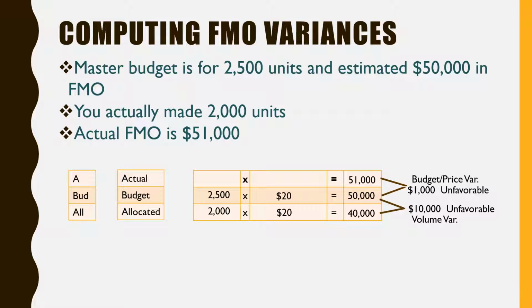So you want to make sure that's unfavorable, because now all of a sudden FASB's going to make you book that extra 11,000 in overhead costs before you do your financials. So you thought everything was going around hunky-dory, and then all of a sudden you get a big hit at the end of the year. Again, total variance, you just add those together, and since they're both unfavorable, you've got $11,000.